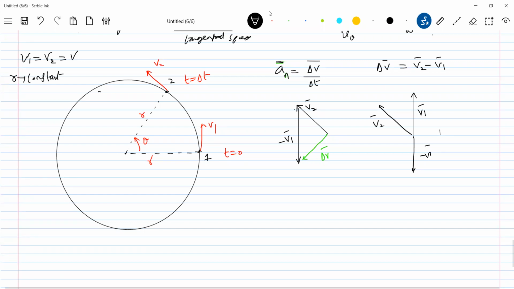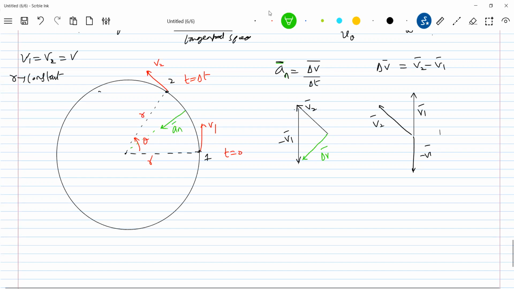So here I'll show that delta V bar, or say the centripetal acceleration, will be directed towards the center. So what is this AN? Centripetal acceleration, always directed towards the center and normal to the tangential velocity.